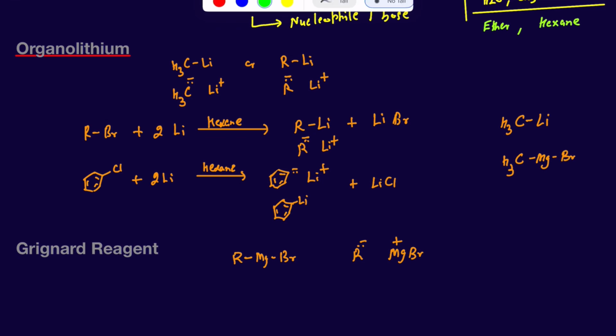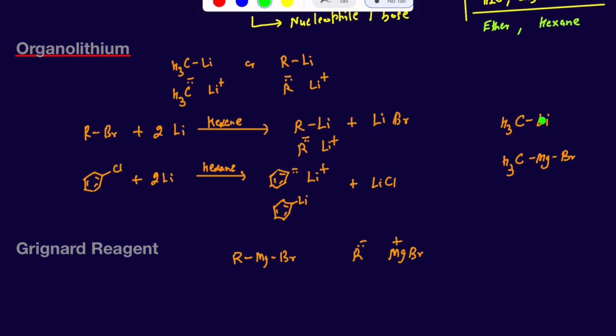I can say that there is going to be a bigger difference in the electronegativities between the carbon and the lithium compared to the electronegativity difference between the carbon and the magnesium, because lithium is less electronegative than the magnesium. So as a result, this carbon would have even more negative charge. You can think of it that way.